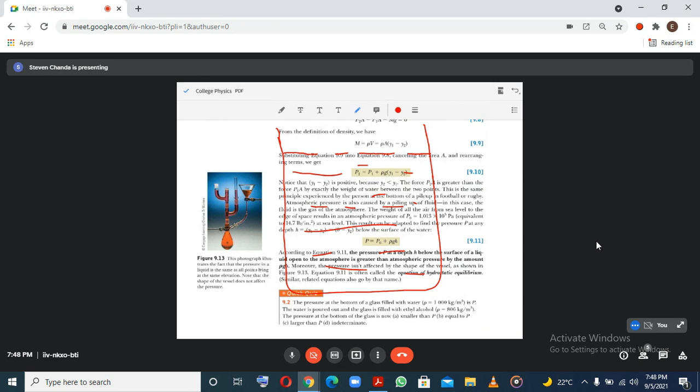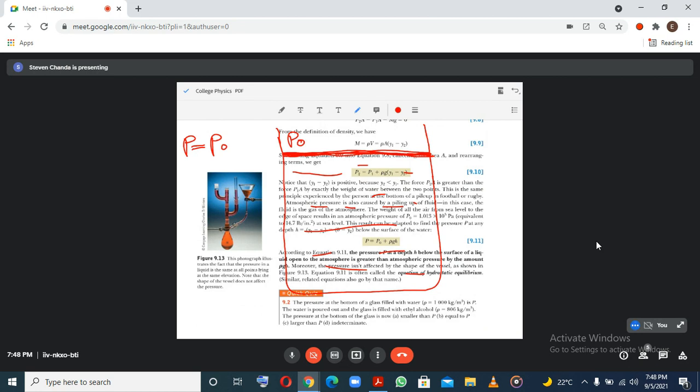Remember from that question that we did last time, at the surface you've got an atmospheric pressure. This is what we put as P0. So all the water molecules here have this particular pressure. If you're calculating the pressure at this point, you'd just say it's atmospheric pressure, isn't it?